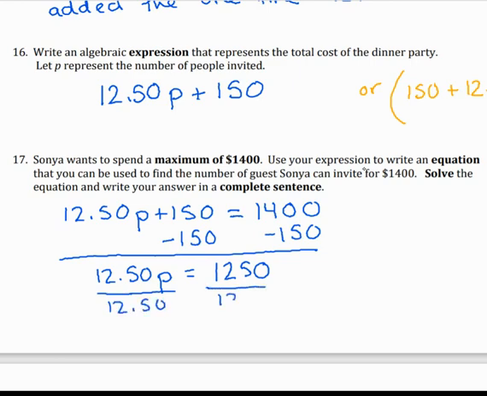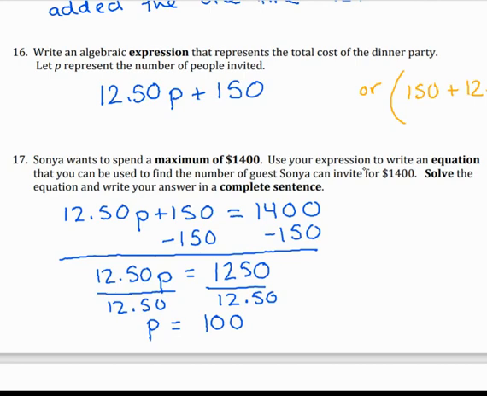And this is rather nice. That'll leave us with P, and 1,250 divided by $12.50 gives us 100. Now we'll write that in a complete sentence like it says. So what does this 100 represent, guys? Does it represent dollars? 100 what?